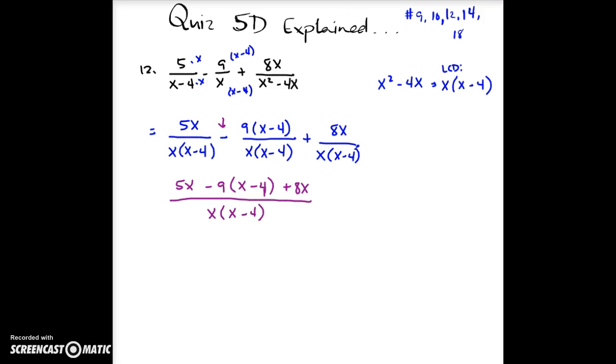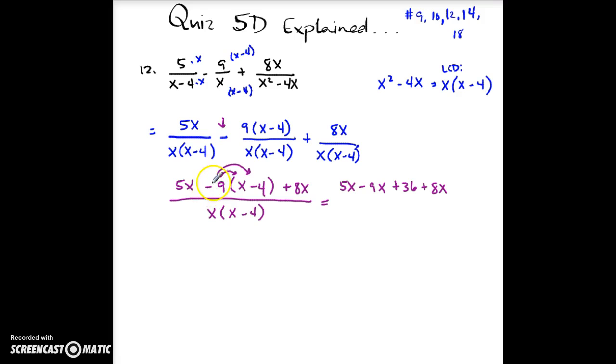Okay, I'm going to clean up that 4 there. There we go. Beautiful. When you see it in this form, hopefully you're noticing that that subtraction, that minus 9, needs to be distributed into the parentheses, which means once I do that, I'm really looking at 5x minus 9x plus 36 plus 8x.